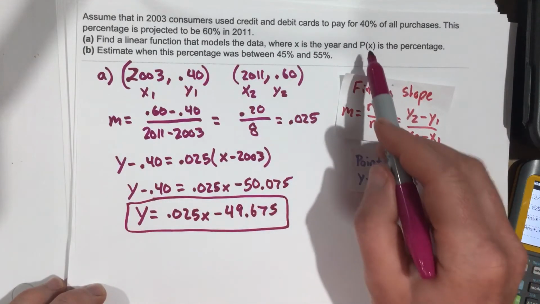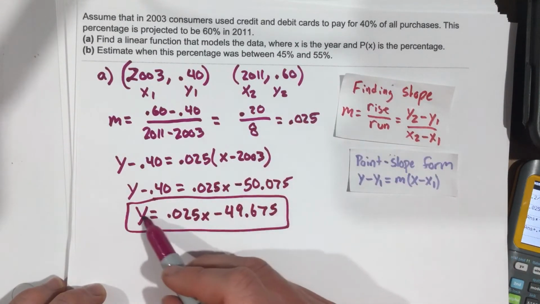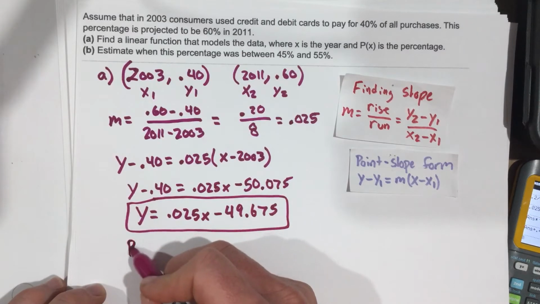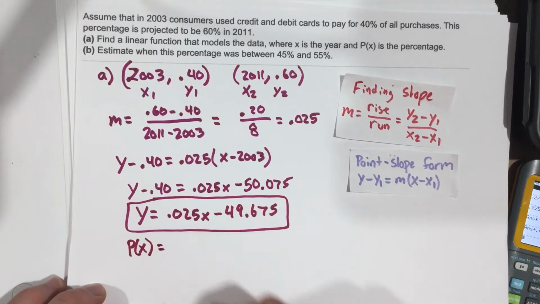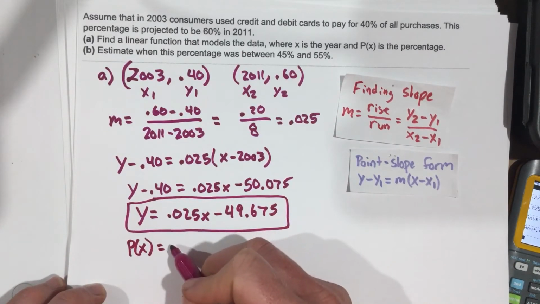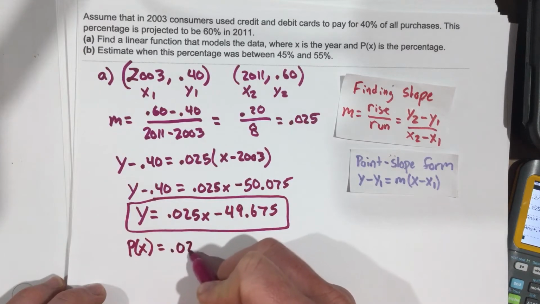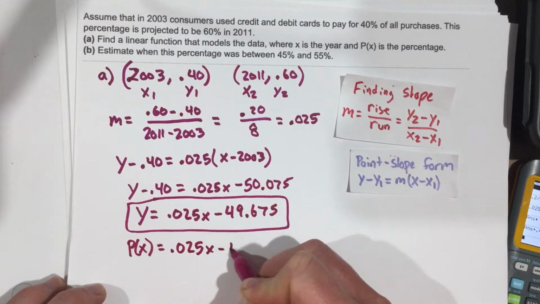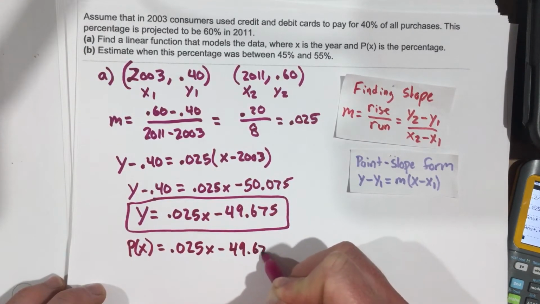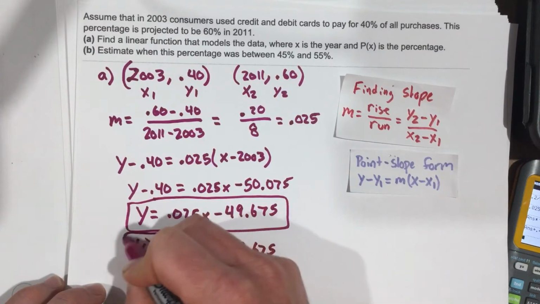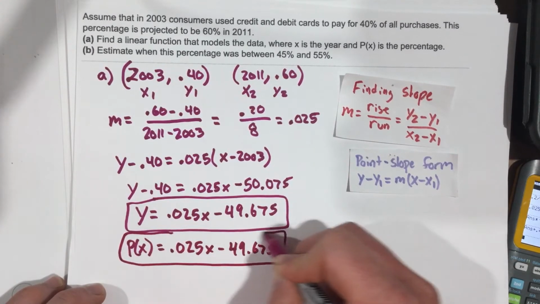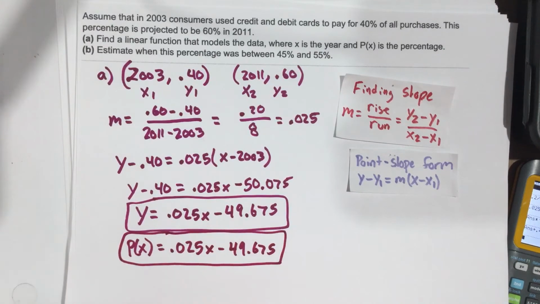The only difference I need to use is this p of x. I need to replace y with p of x for this problem because they want us to use function notation instead of using y. So we'll go ahead and throw that in there. You know it's still y anyways, but we're just using p of x to be more specific, function notation.